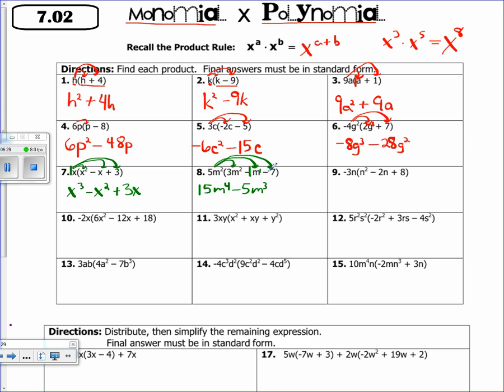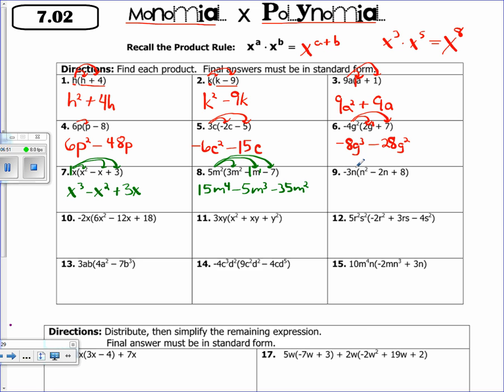And then this last one is a negative 7 times the 5, that's negative 35, which is 5 times 7. And then m squared, and there's no m there, so it's just going to stay as an m squared, like so. Okay.